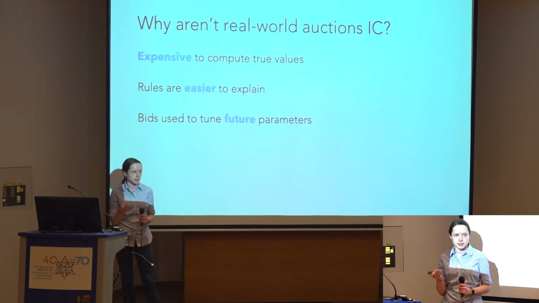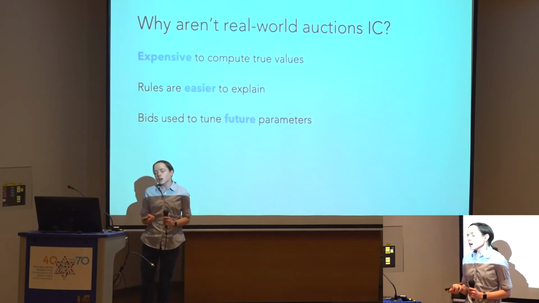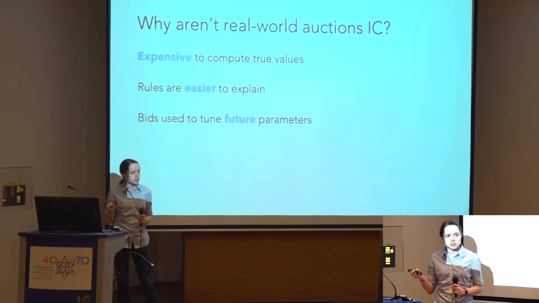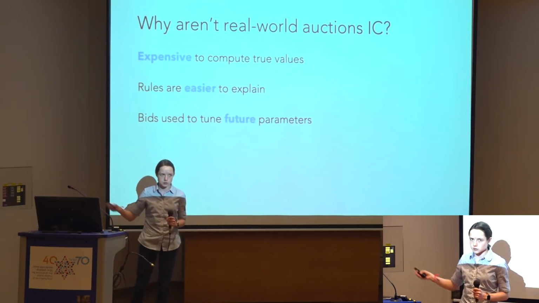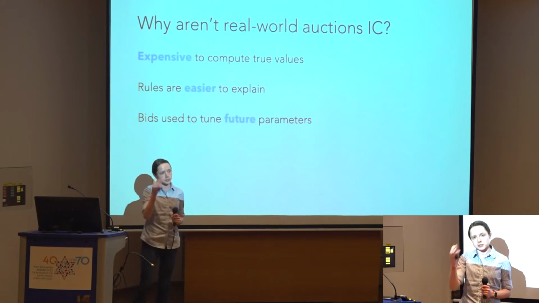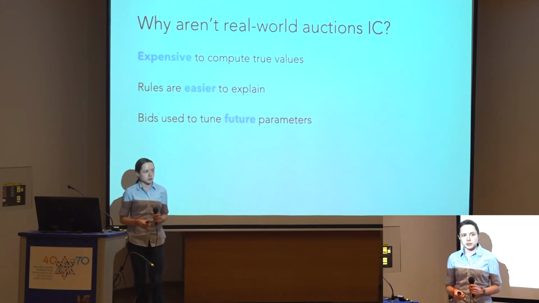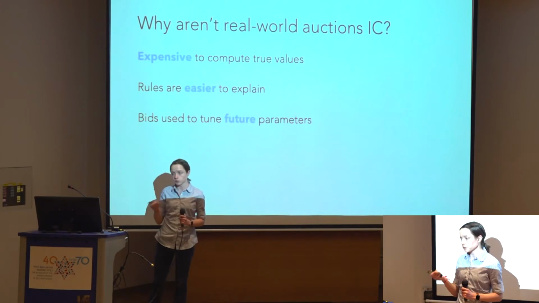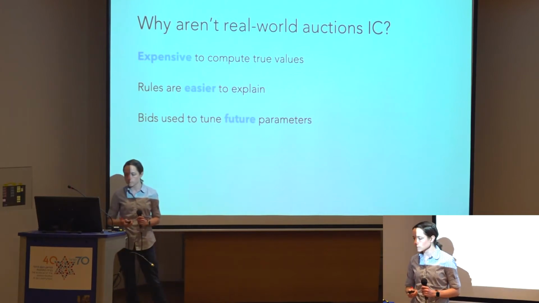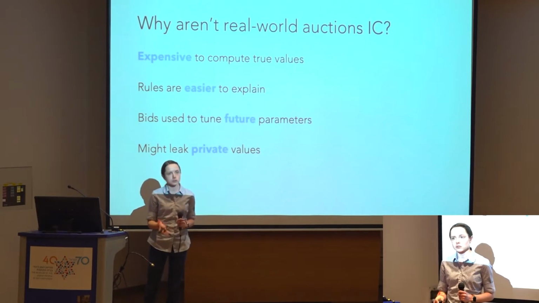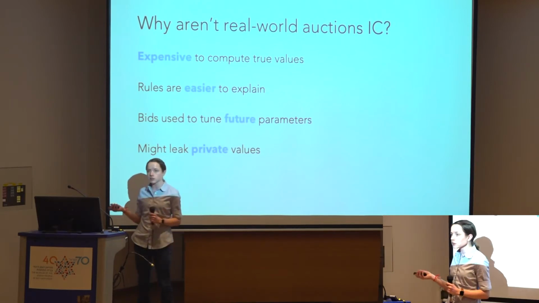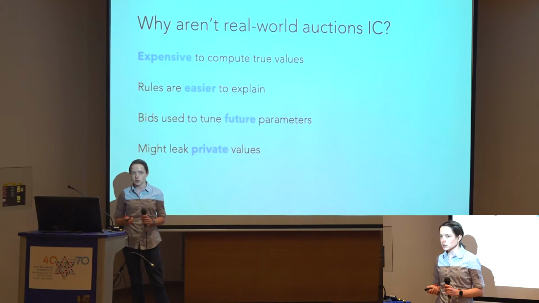Oftentimes, especially in electronic commerce, the bids from previous auctions are used to tune the parameters of future auctions. So an agent might be strategic now in order to get higher utility, hopefully, in the future. Auctions might leak agents' private values, so they might not want to actually reveal those private values.